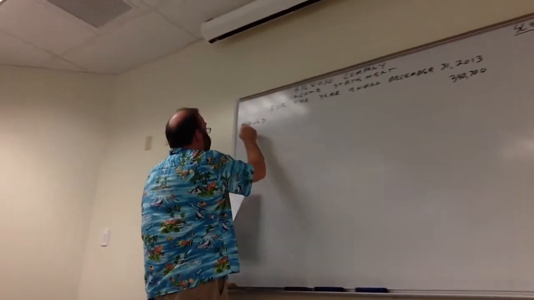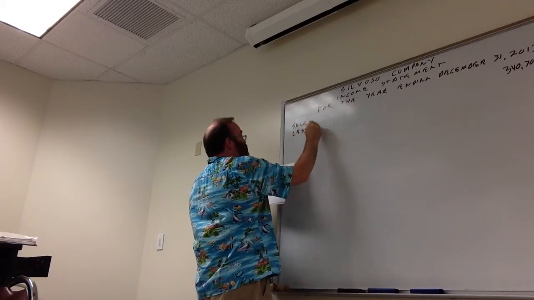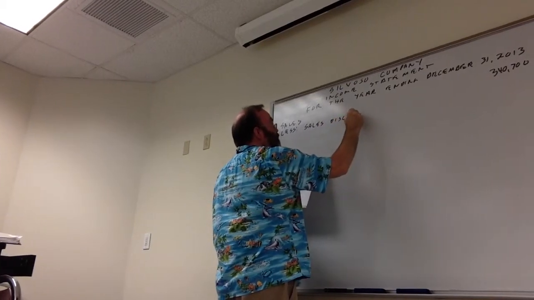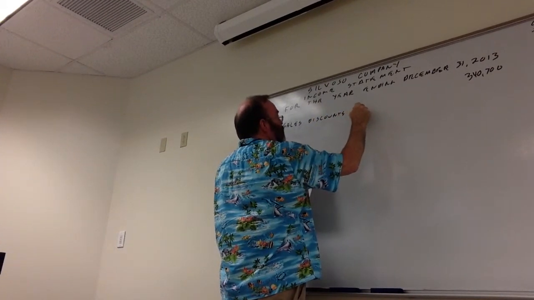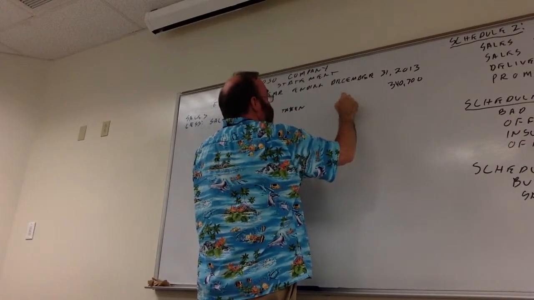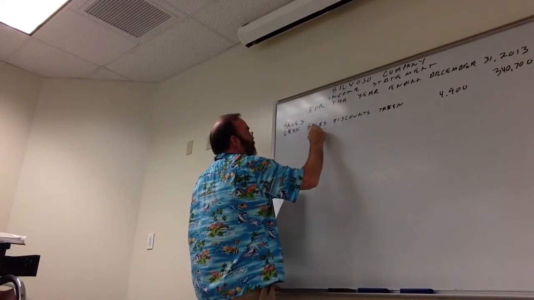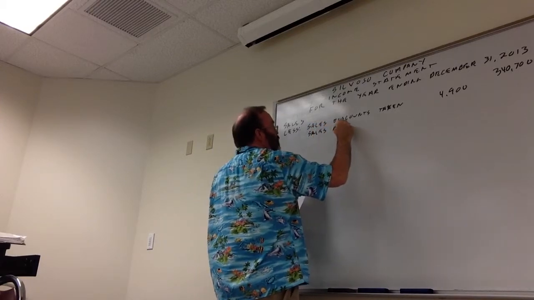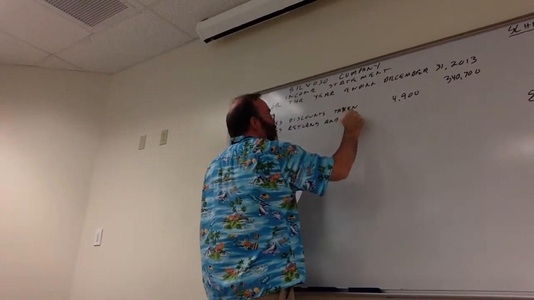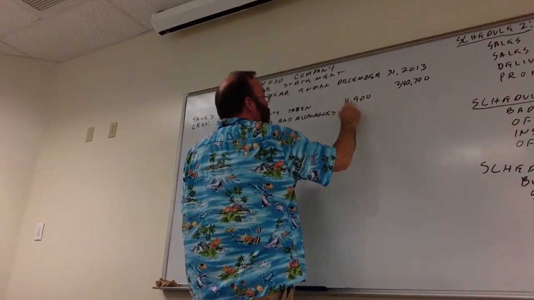From that, we're going to take the revenue contra accounts of sales discounts taken of $4,900, and sales returns and allowances of $12,100.